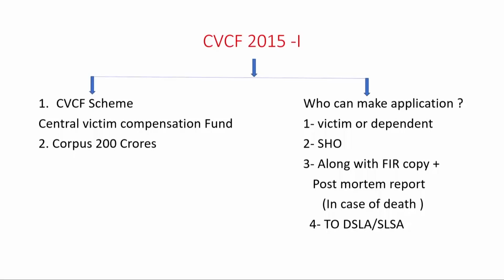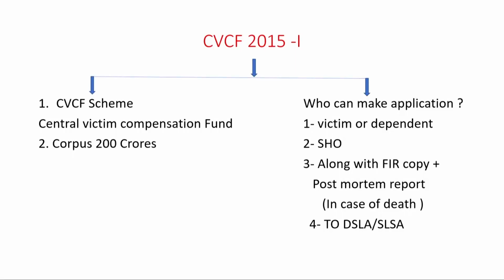So the first information report, along with the postmortem report, shall be handed over to the SHO, and the SHO will forward that FIR along with the charge sheet and postmortem report to the competent authority, the District Legal Service Authority. Then the District Legal Service Authority, with the help of those documents and the inquiry report, will decide the quantum of compensation.